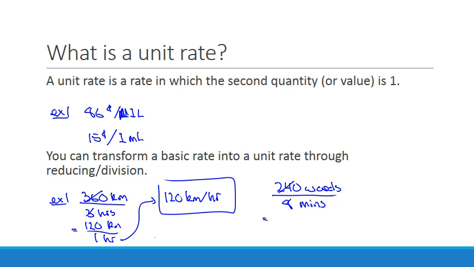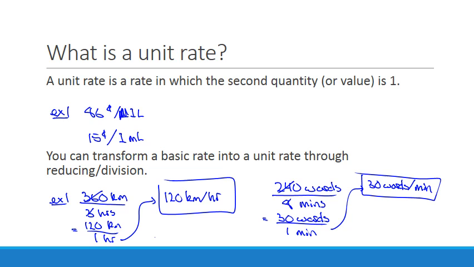This one we divided by 8, I'd get 30 words for every 1 minute. And then I could express it in this rate form, 30 words per minute. All right, so often we'll start with a basic rate and then transform it to a unit rate.